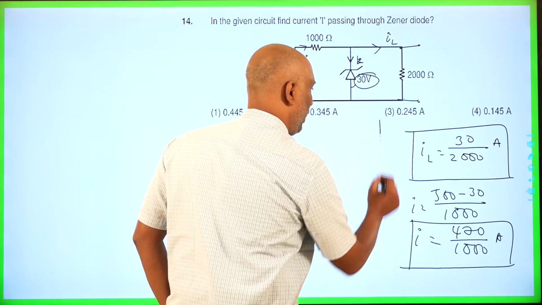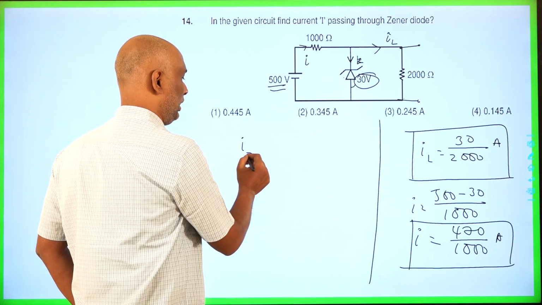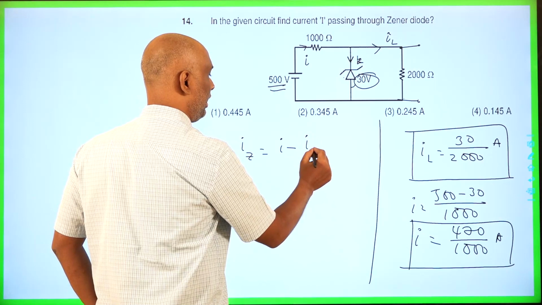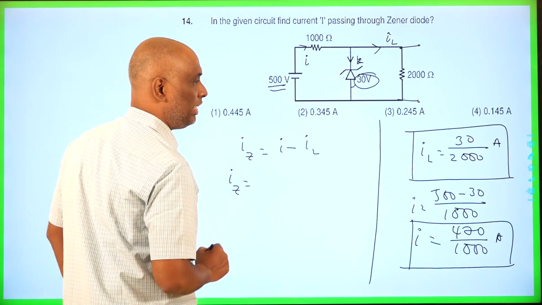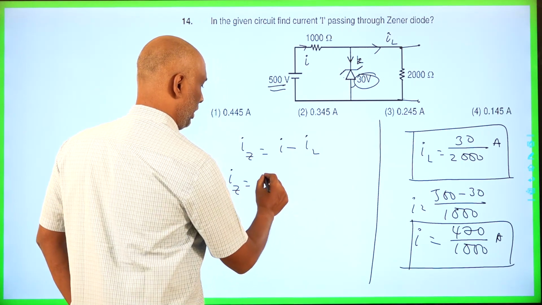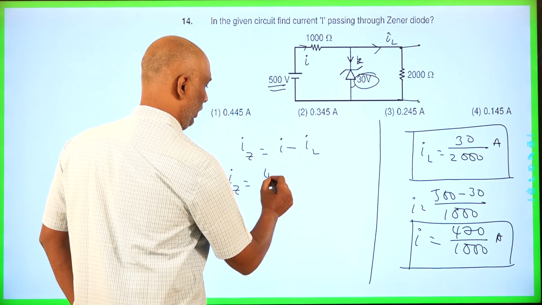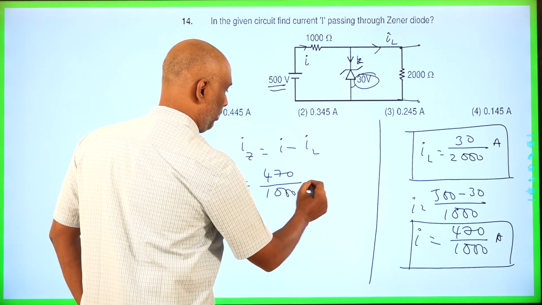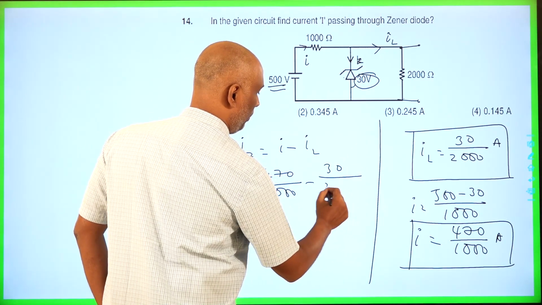We got a value of I, and we got a value of IL. So the current flowing through the Zener diode equals the total current minus the current flowing through the load resistance. IZ equals 470 divided by 1000 minus 30 divided by 2000.